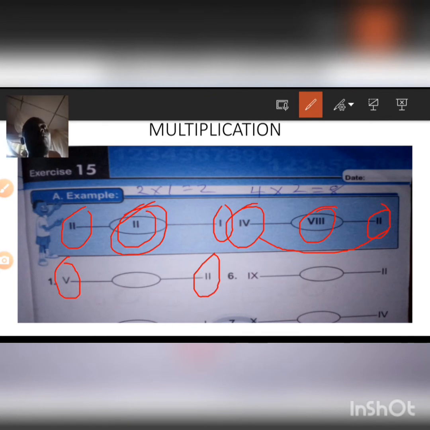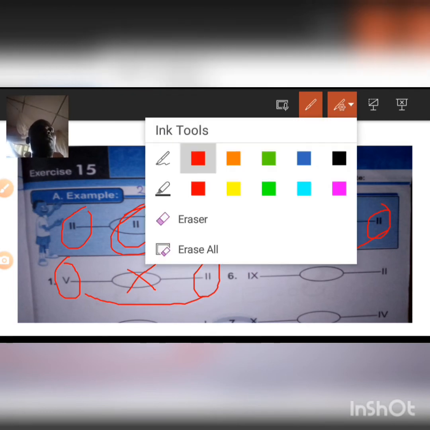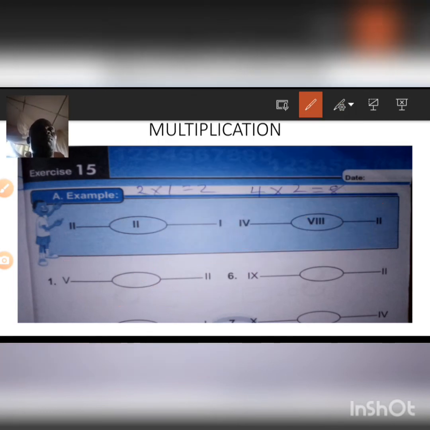So when we multiply 2 by 5, we get a 10. And 10 must be written in Roman numeral. And 10 in Roman numeral is X. So the missing symbol here is therefore X. So this is how these Roman numeral questions are done. So we should try and answer question 1 to 10.